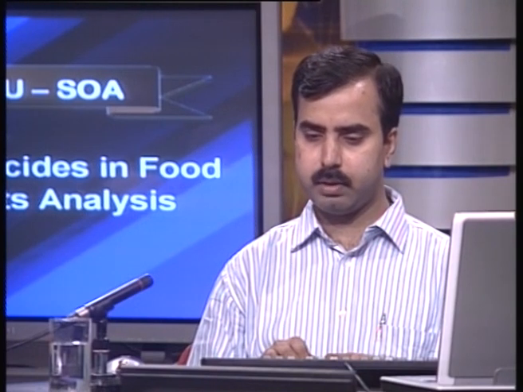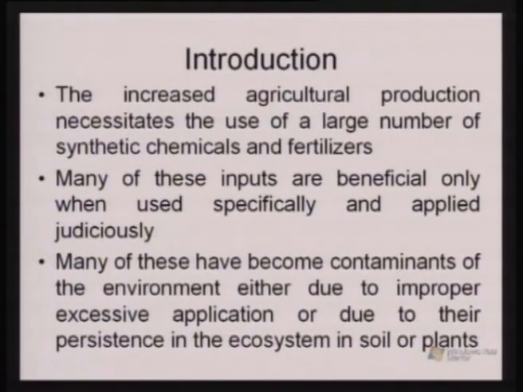Many of these have become contaminants of the environment, either due to improper excessive application or due to their persistence in the ecosystem, in soil or plants. As I said, if you are not using this effectively or judiciously, it becomes a contaminant of the environment. Some of these pesticides can persist in the ecosystem for 100 years, like DDT.